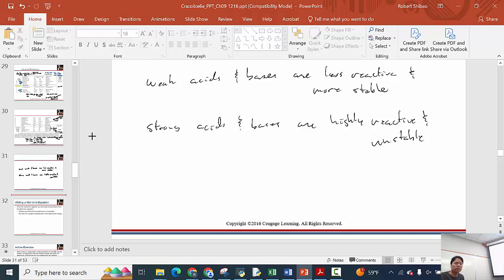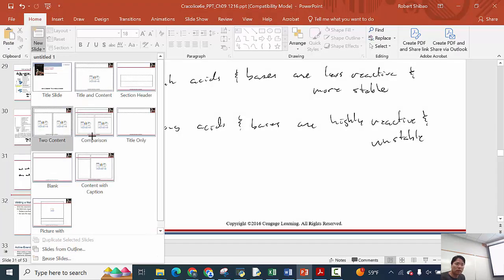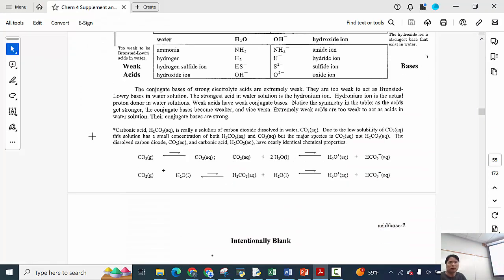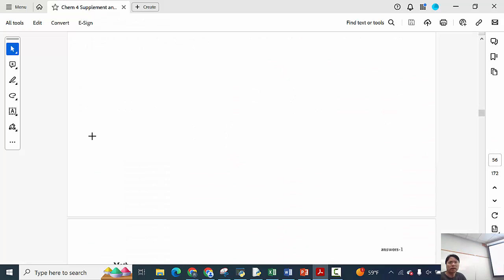What we're going to do right now is look at metathesis reactions. Try to recognize metathesis reactions.